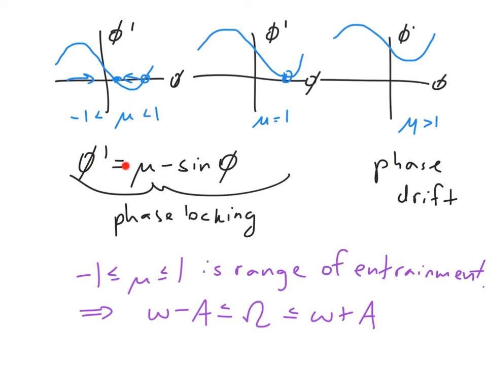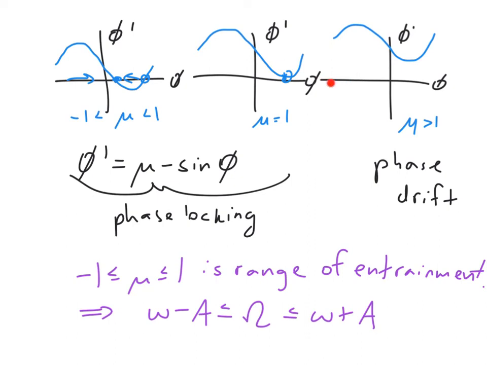There's a constant phase difference between the first oscillator and the second oscillator, and that's what we mean by phase locking. They're moving at the same frequency, and their phase might not be identical, but whatever difference there is between it, it's a constant difference.